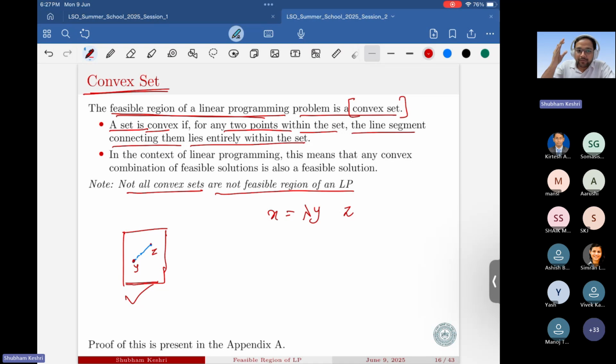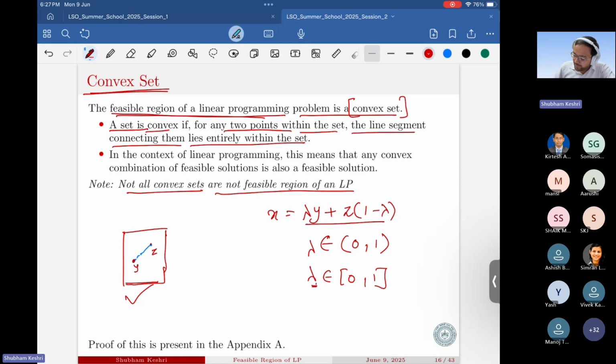You multiply one point by lambda and the other point by 1 minus lambda, where lambda lies between 0 and 1. When you do this, you can get any point in between Y and Z. You can vary lambda from 0 to 1, and you can come from this end to this end. So this is what is meant by convex combination.